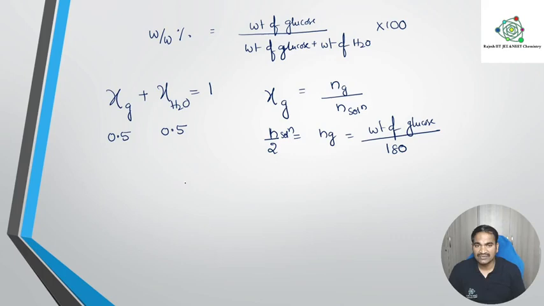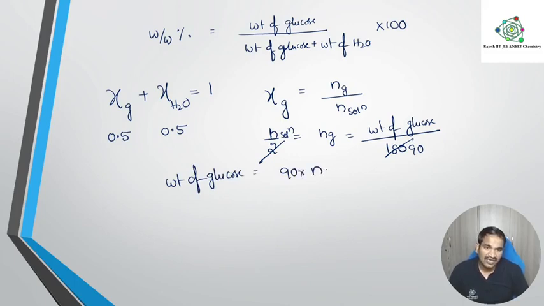So 2 and 180 give 90. Now the weight of glucose is 90 into the total number of moles of solution. So the first part is calculated.